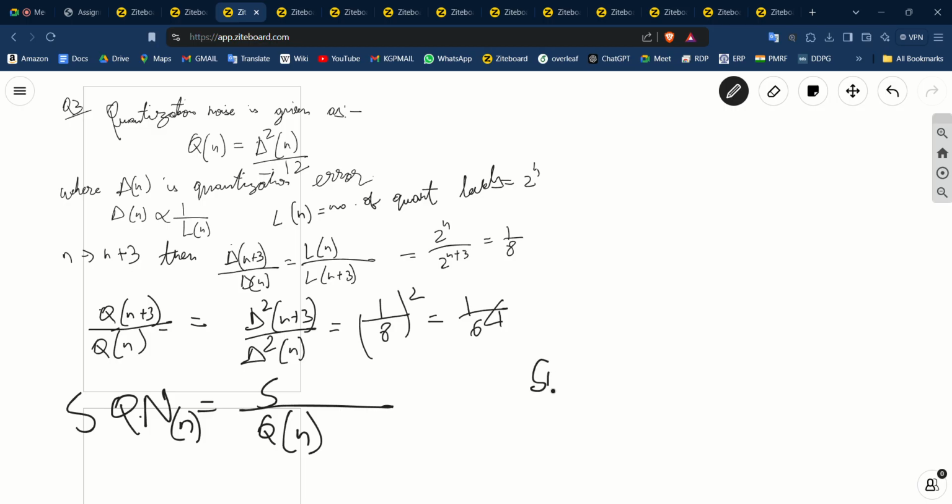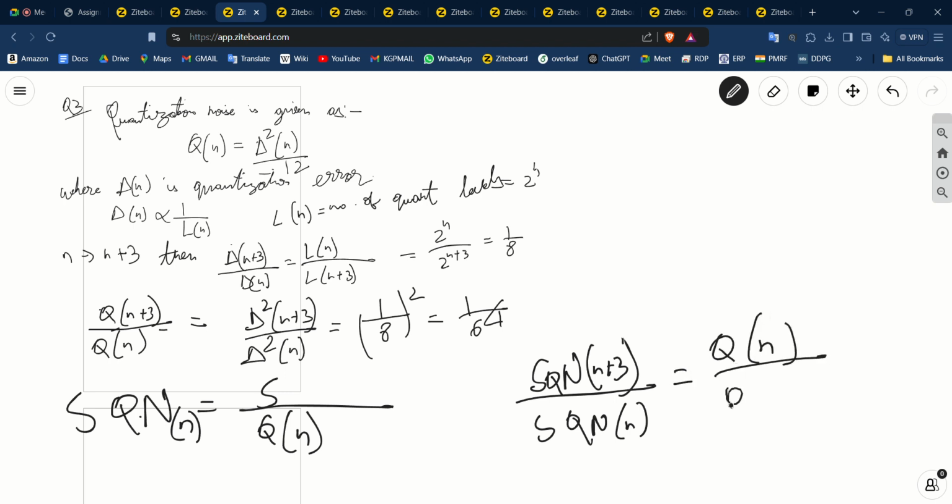So, SQNR n plus 3 to SQNR n is basically, since the signal power is remaining same, it is Qn by Qn plus 3, as they are inversely proportional.